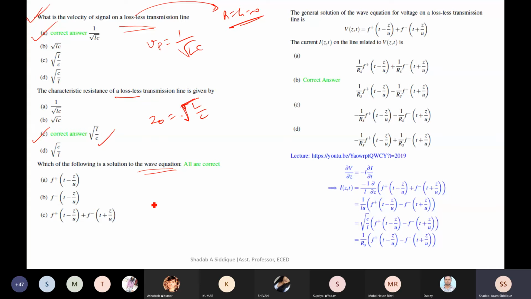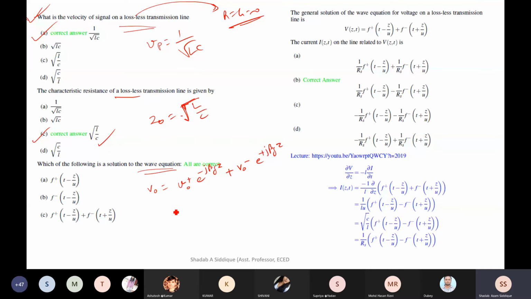If we go through the solution of the wave equation in the transmission line, it is a different kind of notation, but we had the voltage equation V0 plus e to the power minus j beta g into z, plus V0 minus e to the power plus j beta g into z.